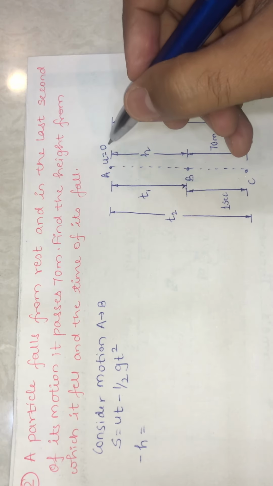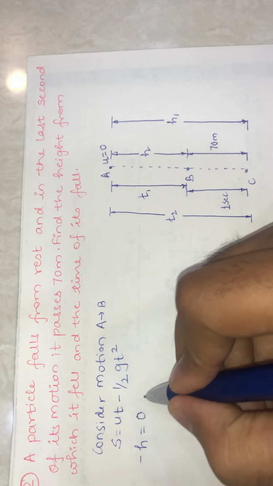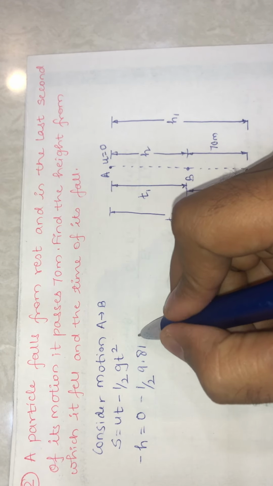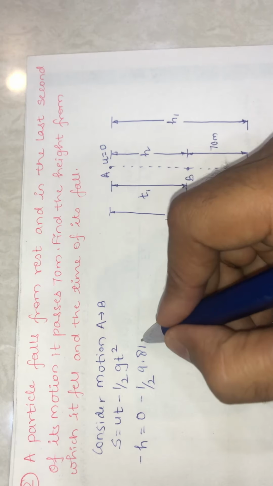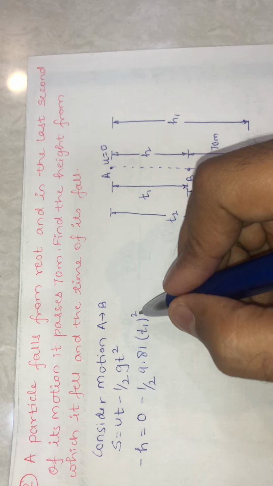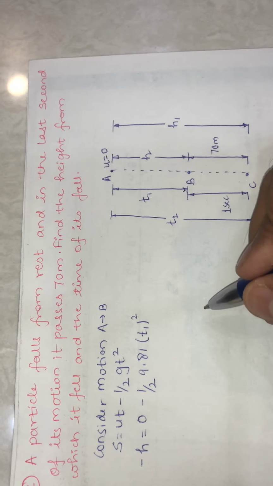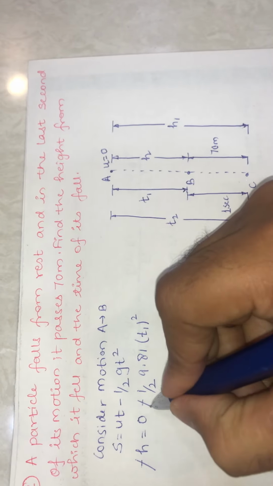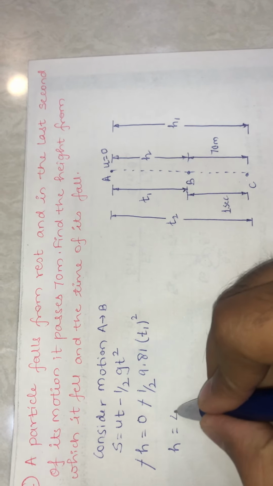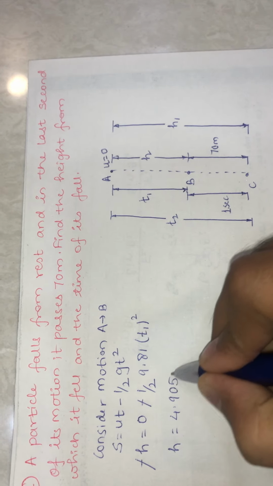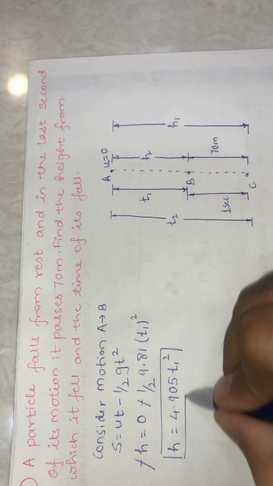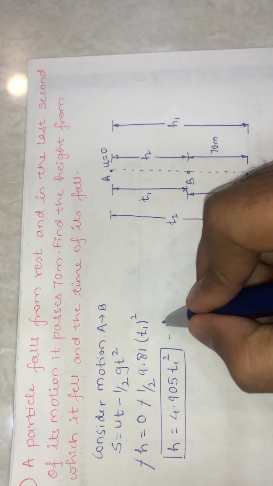As it is a free fall, u will be 0 minus half 9.81 and the time taken is t1. Now the negative sign is deducted, so h equals 4.905 t1 square. This is the equation we'll consider as equation 1.